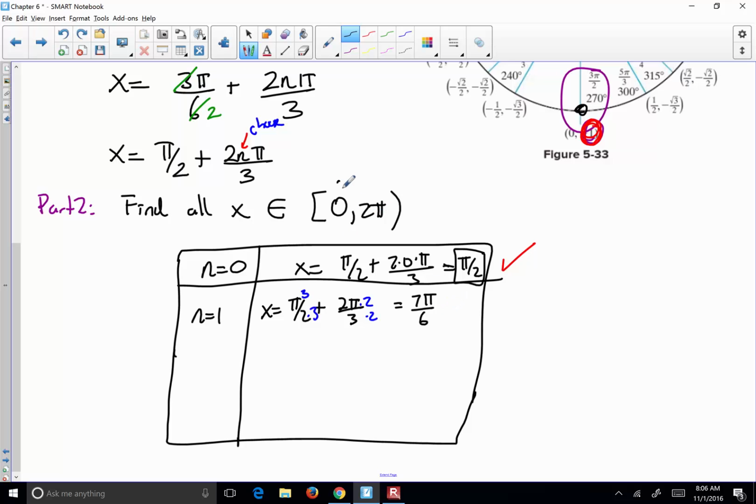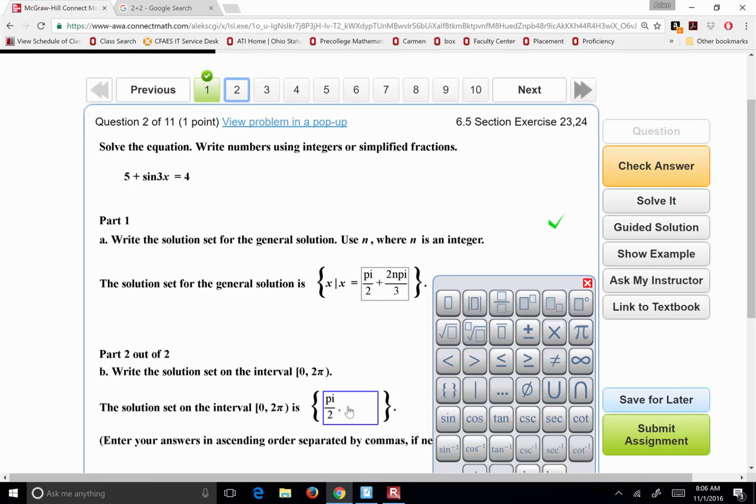Pi over 6 is 30, you have 7 of them, that's 210. 210 is less than 360, so this is a check mark. 7 pi over 6 is the next one.